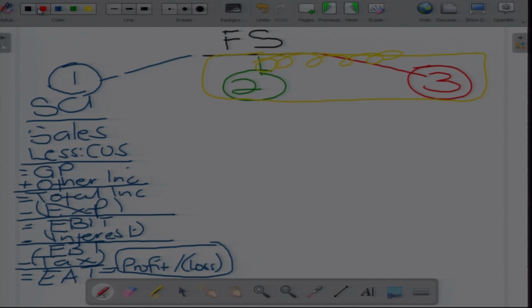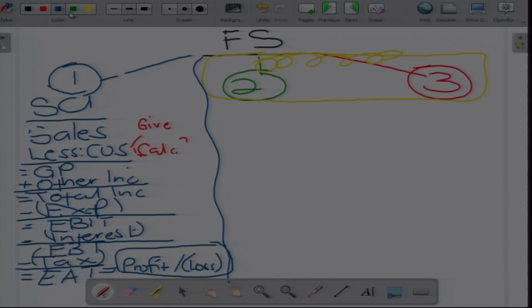First thing you need to go look for your cost of sales. Is it given or must you calculate it? And you need to know how to calculate it. Opening balance plus purchases plus carriage on purchases minus returns on purchases minus closing balance. Okay. So we are done with the first statement.